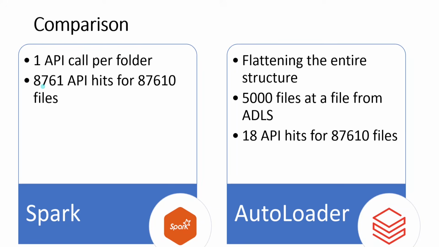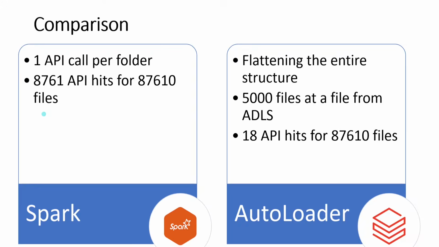Then we can easily compare. Here just 18, compared with 8,761. Now we can understand how powerful AutoLoader is, and how quickly it can finish the same data ingestion compared to Spark structured streaming. I hope you understood the power of AutoLoader in directory listing mode.